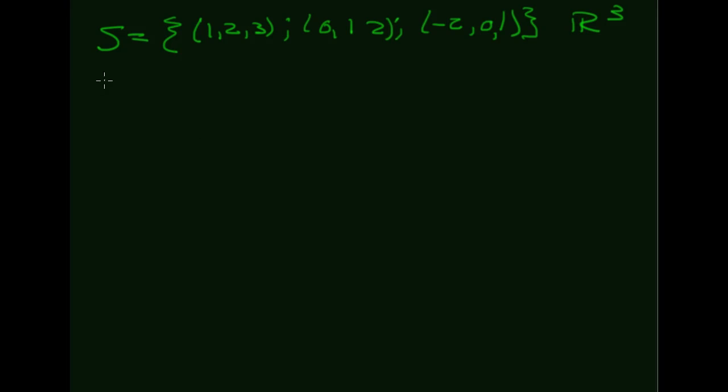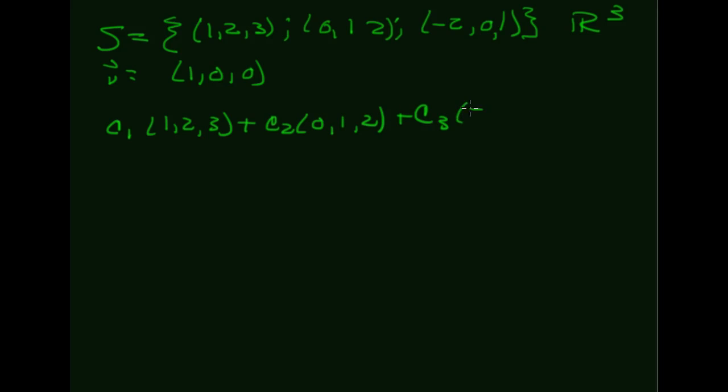So our idea here is that if I take a vector u, and let's make that something simple, (1, 0, 0), then c1 times (1, 2, 3) plus c2 times (0, 1, 2) plus c3 times (-2, 0, 1) should equal the vector (1, 0, 0). So we can build the system of equations. c1 minus 2c3 should equal 1.